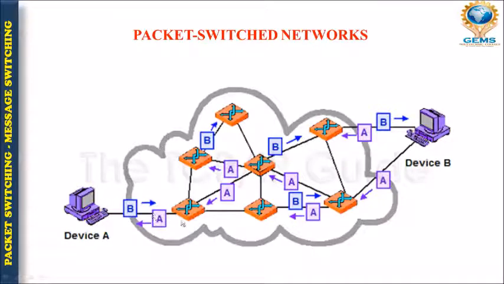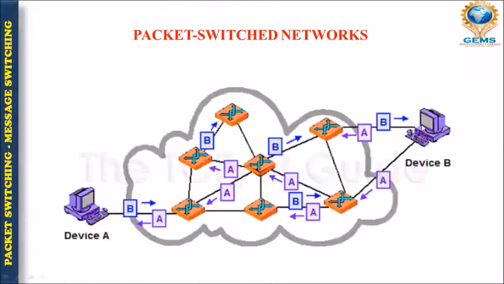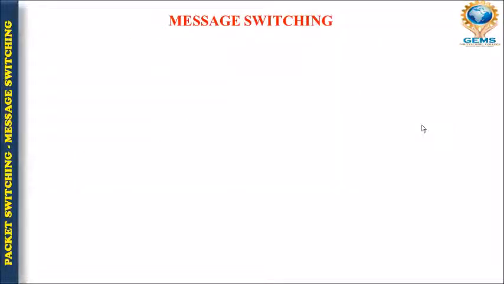B is going in this direction, and packet A is going in this direction, and finally they both reach this point. Here they are restructured and provided to the second computer, right? Okay, so now let's talk about message switching.